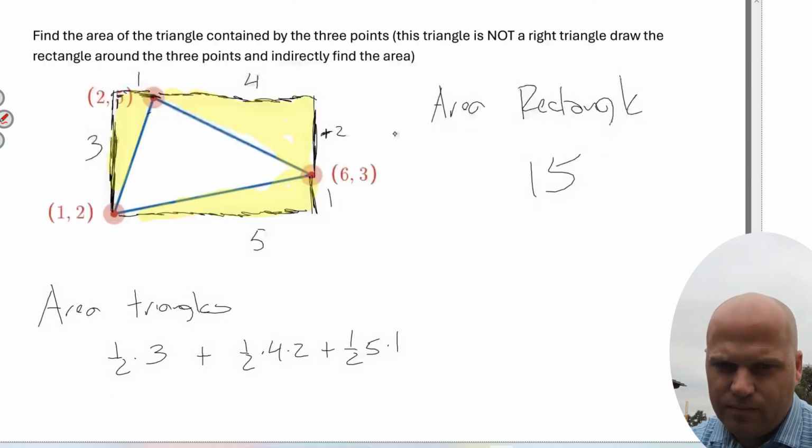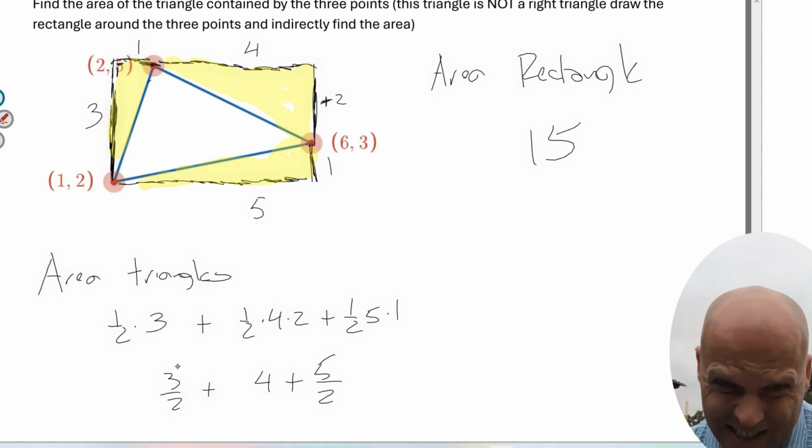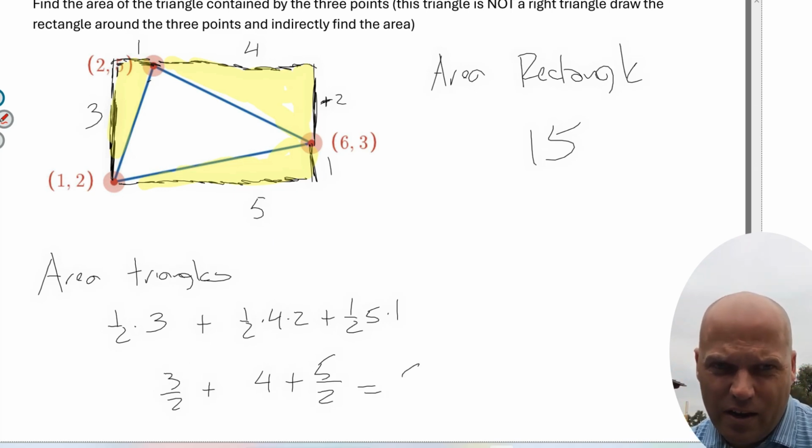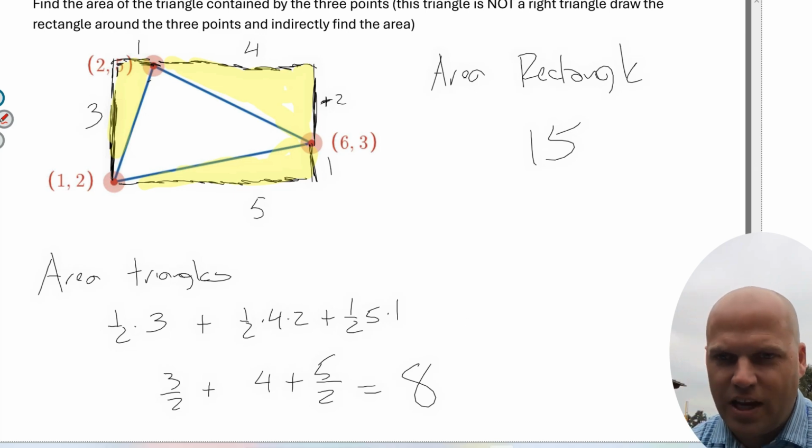So I have 3/2 plus 4 plus 5/2. 8/2 is 4, so 4 plus 4, which is 8.